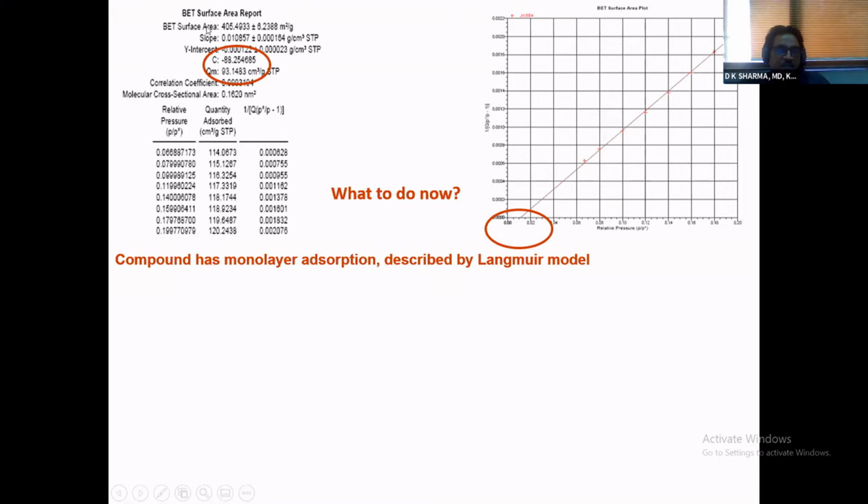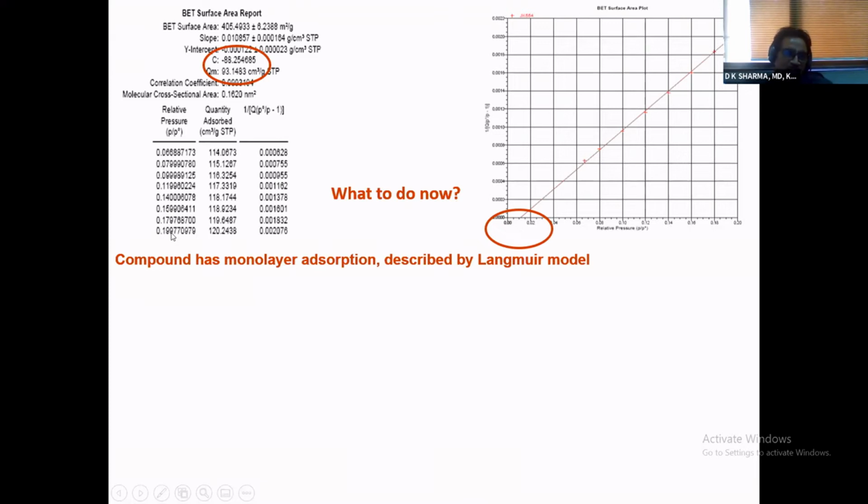The BET surface area value is 405. The C value is negative, the Y intercept is negative. The graph also shows this. Instead of cutting the Y axis, it is cutting the X axis. Now, the points that have been taken are 0.06 up to 0.19.